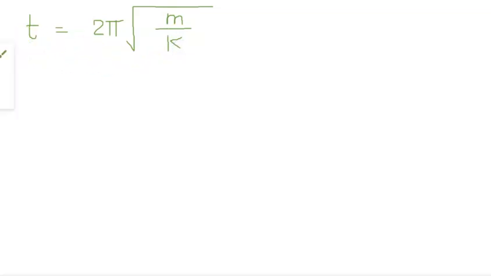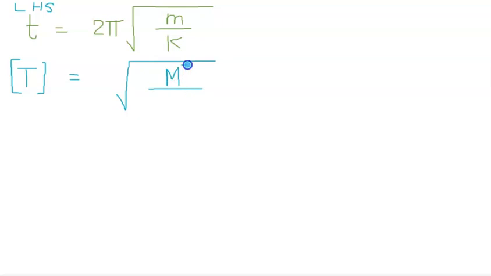Now we look at the left hand side. What's the dimension for this left hand side? It's a time. So dimension for this one is just a T. Here the 2 pi disappears. The square root sign still remains here. Dimension for the mass is M because it's kilogram.